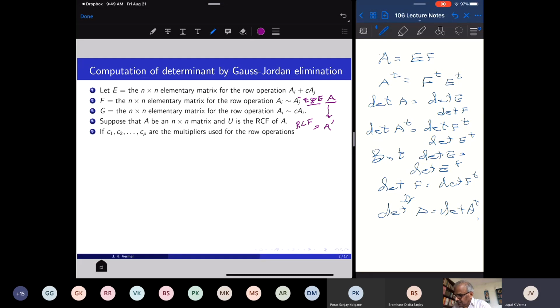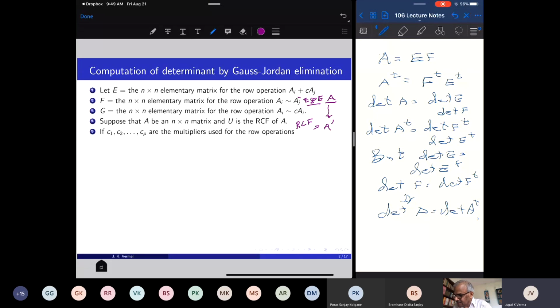In this, I use those matrices E, F, G, but you know that the determinant of E is 1, the determinant of F is minus 1 by the alternating property of the determinant, and G corresponds to the matrix obtained from the identity matrix by multiplying the ith row by c.